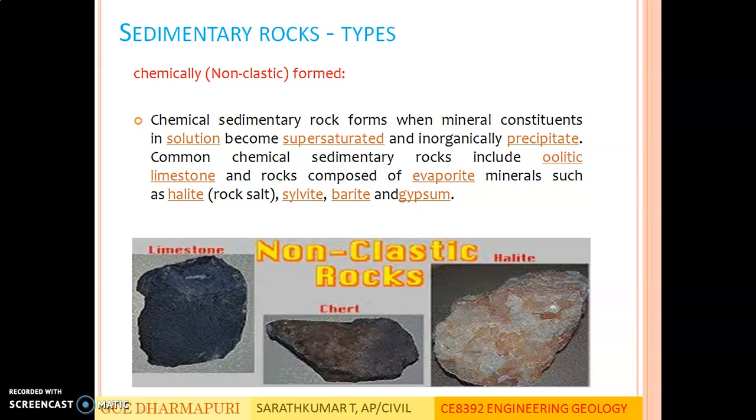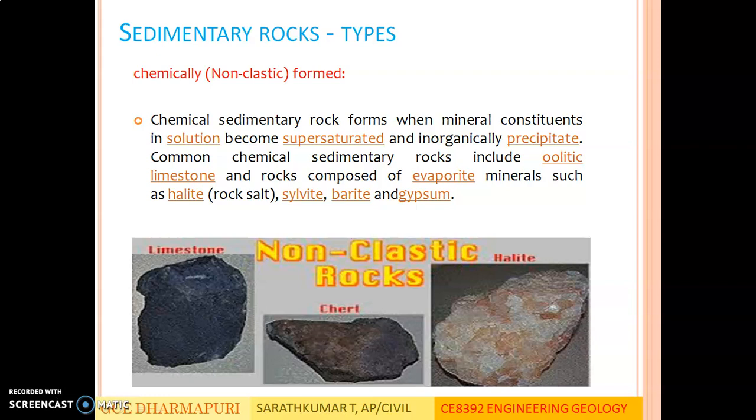Common chemical sedimentary rocks include oolitic limestone and rocks composed of evaporite minerals such as halite, sylvite, barite and gypsum. So here, due to chemical weathering, the parent rocks get dissolved and form new sedimentary rocks.